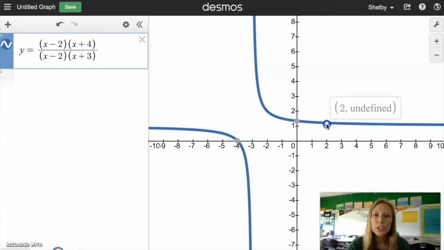A hole occurs when you have a factor that cancels out in a rational function. So the factor in the denominator, the x plus 3, the factor that did not cancel out, creates a vertical asymptote on the graph at negative 3. But the factor in the denominator that did cancel out, the x minus 2, creates a hole in the graph, and in this case it would be when x is positive 2.